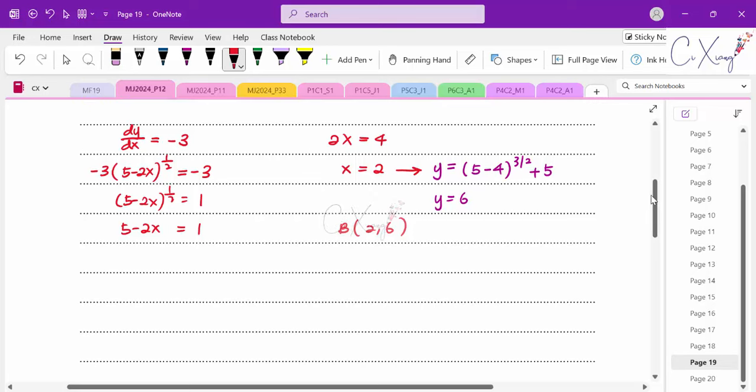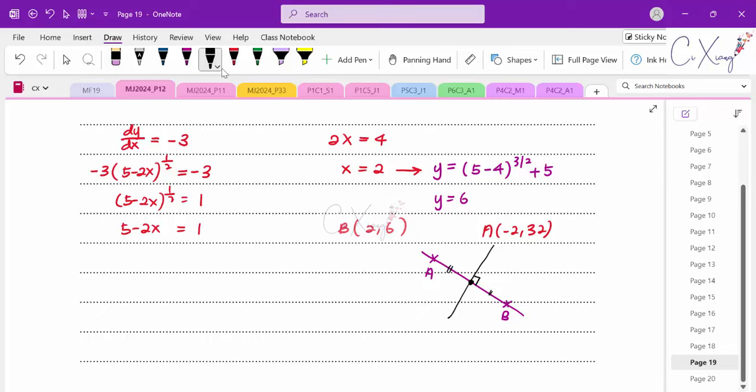All right. So now, I'm having B as (2, 6), and A as (-2, 32). If you observe what they want us to find, let's say I have this point A and this point B, they want us to find the perpendicular bisector, which will pass through the midpoint of AB, and it is 90 degrees to the line AB. Okay, so to form the equation, I need the midpoint of AB.